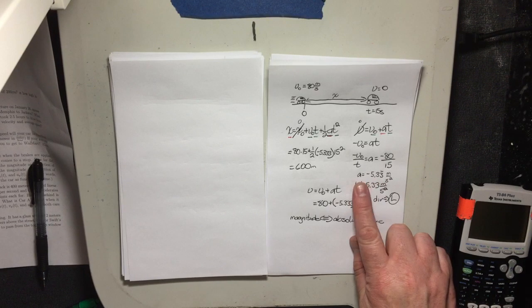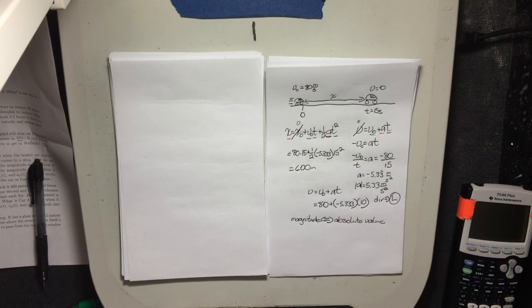This is acceleration with a negative sign. If you don't see an absolute value running around inside, you know that if the acceleration is negative, it's to the left. If it's positive, it's to the right. If I say magnitude of acceleration is 5.33, I give no information about direction, at which point you have to ask, well, is it going left or right?